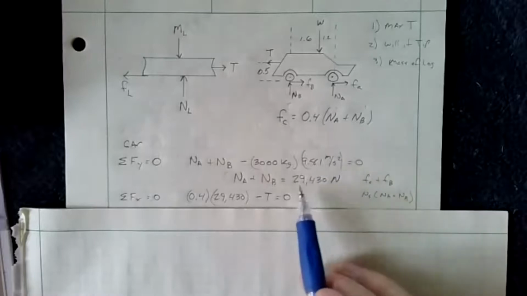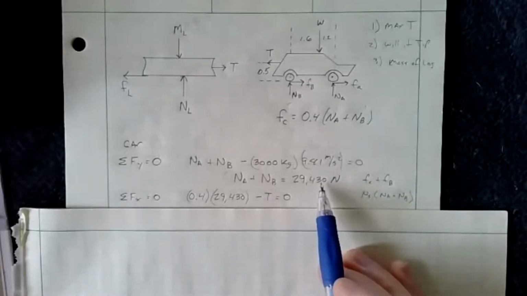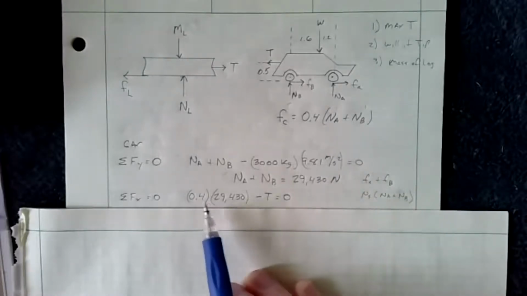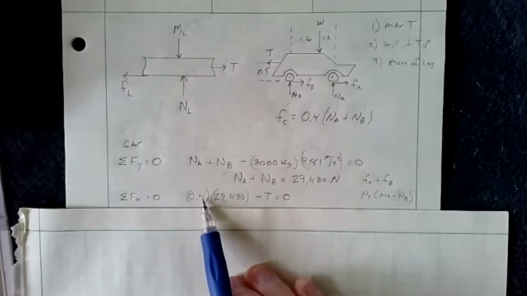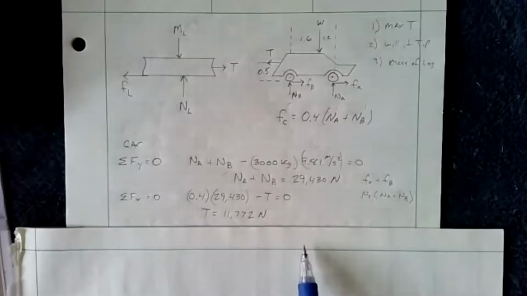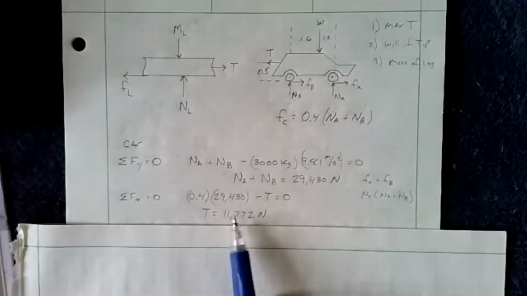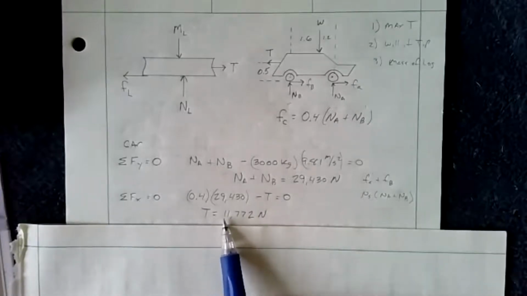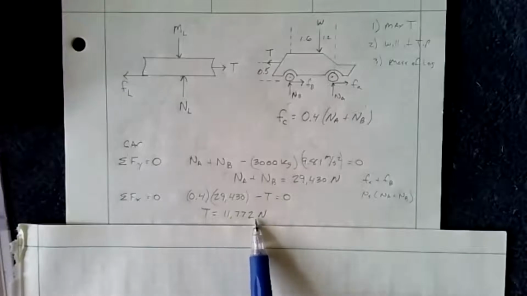And we already know that NA plus NB is 29,430. So 0.4, the static coefficient of friction, times that, minus T equals 0. So the most tension that we can create is 11,772, because that's the most static friction we have. Again, that means the wheels would start to spin otherwise.